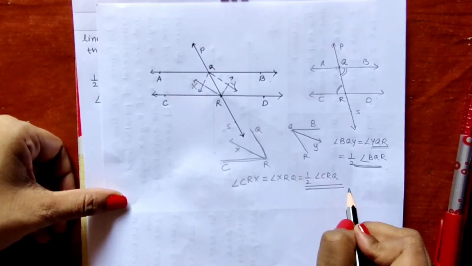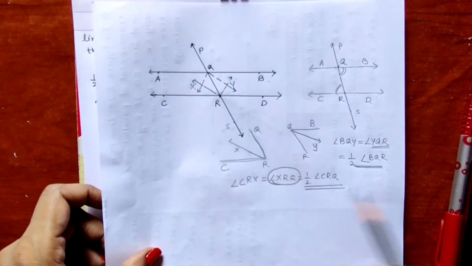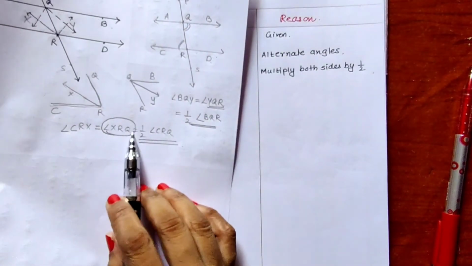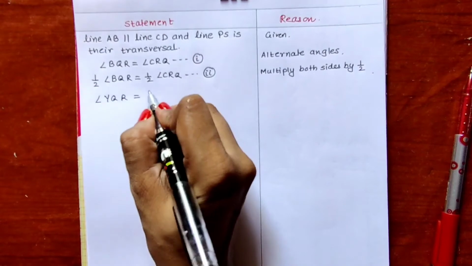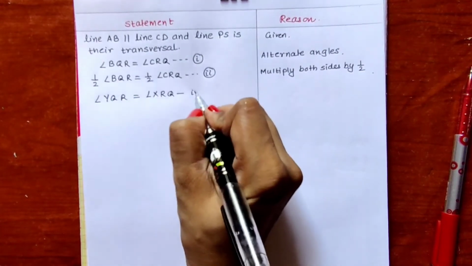So in place of half angle CRQ, I am going to write angle XRQ. This will be my fourth statement.